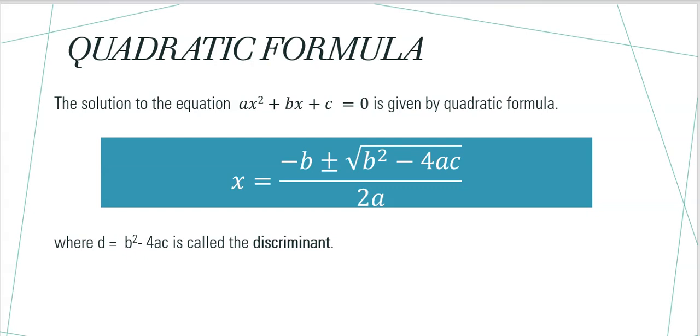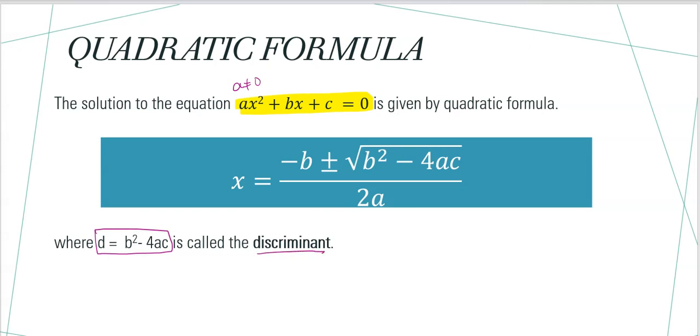For the quadratic equation of the form ax² + bx + c = 0 with a not equal to 0 and a, b, c being real numbers, the quadratic formula for finding the roots, or we can call them zeros, or the solution of this equation, is given by x = (−b ± √(b² − 4ac)) / 2a, where b² − 4ac is called the discriminant.